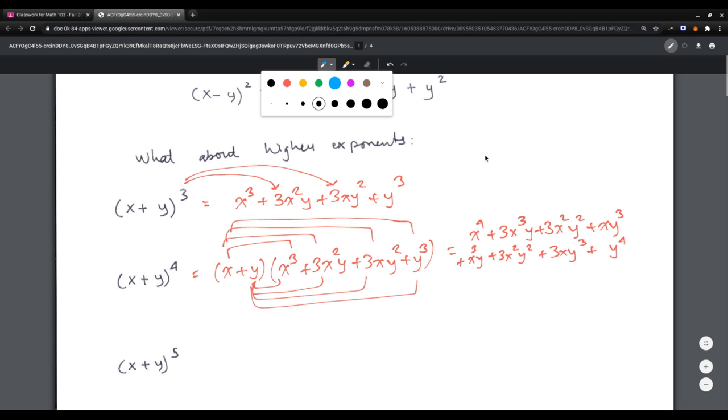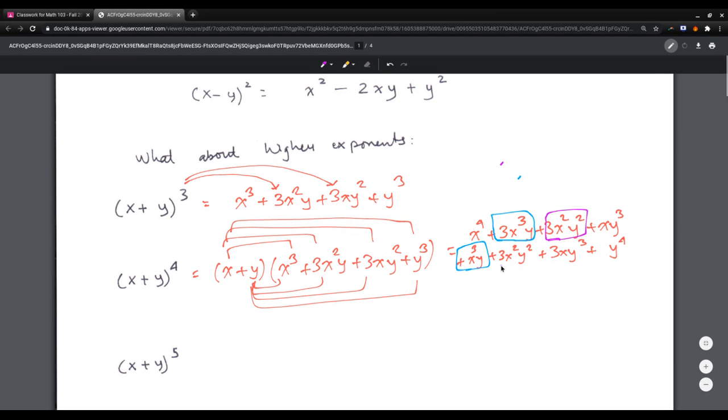Now let's see if we can find some things that combine. There's a 3x cubed y and an x cubed y, so these can be combined. Similarly, I have a 3x squared y squared and a 3x squared y squared. And then lastly, let's use green.